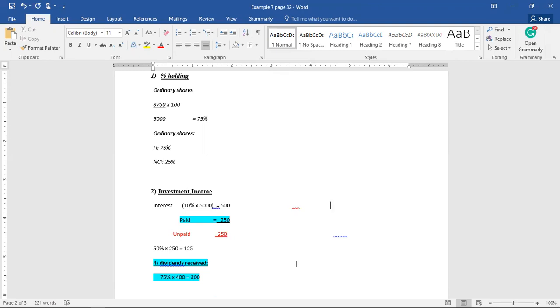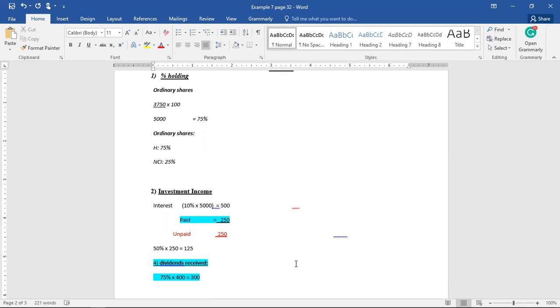So what it basically means here is that of the 10% of the 5,000, I'm supposed to receive 500, but the subsidiary is saying that he is yet to pay 250, meaning I have received 250 already, and you should know that the interests are paid semi-annually. So the 250 there is half of the interest that has not been paid yet.